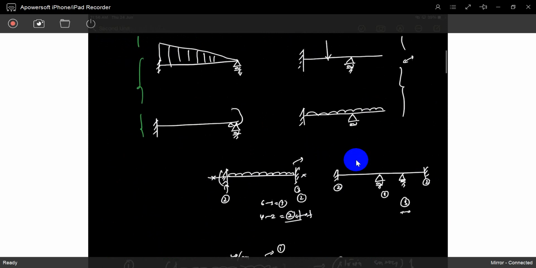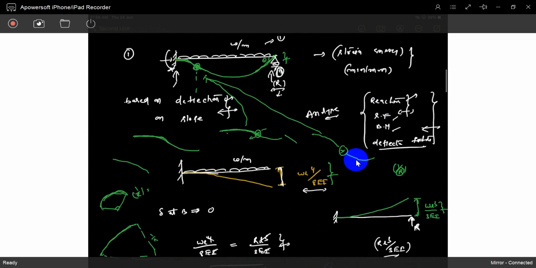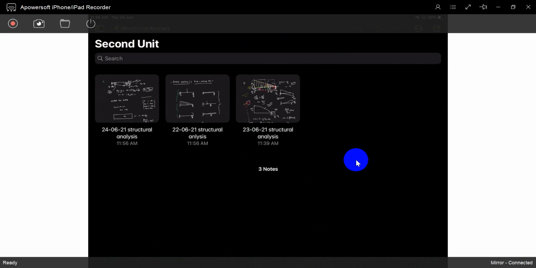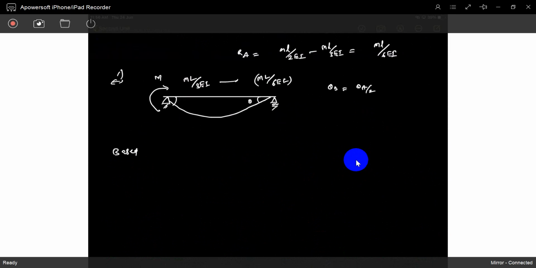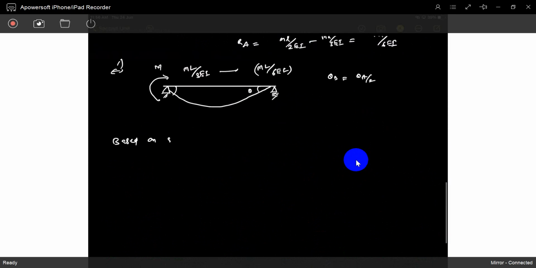So I already said there is no single method to solve any problem. These are mathematical, just mathematics. So by going one way or another way, take whichever is comfortable for you. So once again I will solve it.